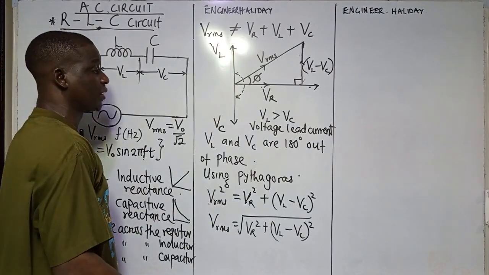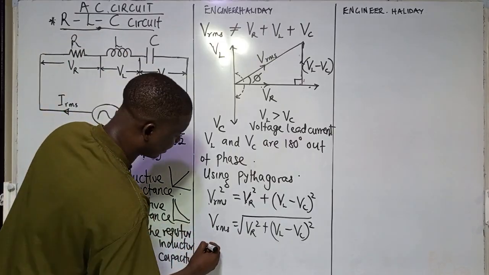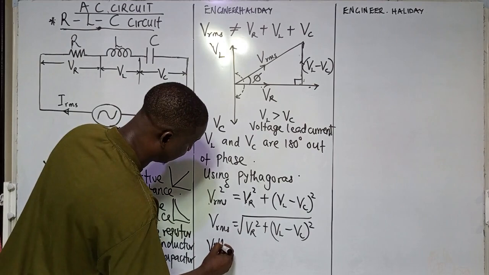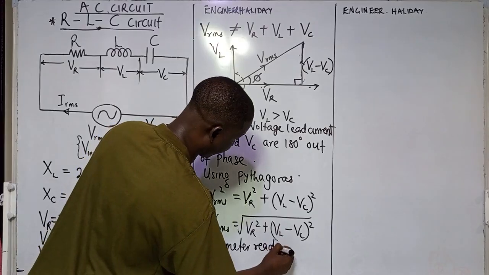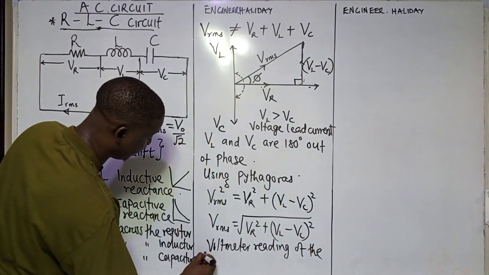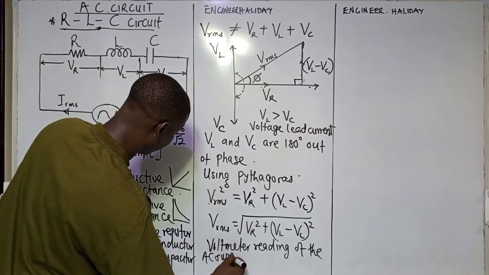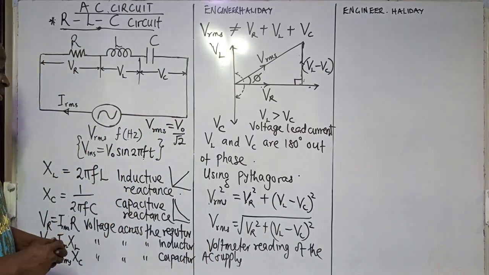Once you do that, it means that we have gotten the voltage. This one can also be taken as a voltmeter reading of the AC supply. So they can ask you to find that.